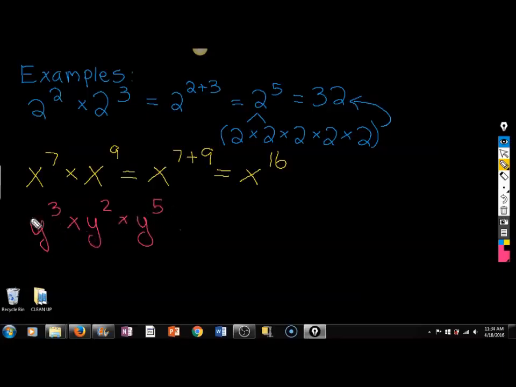Because these all share a common base, we can simply add the exponents together. So this would equal y to the 3rd plus 2 plus 5. So this would equal y to the 10th.